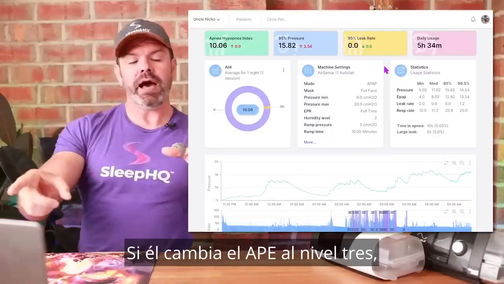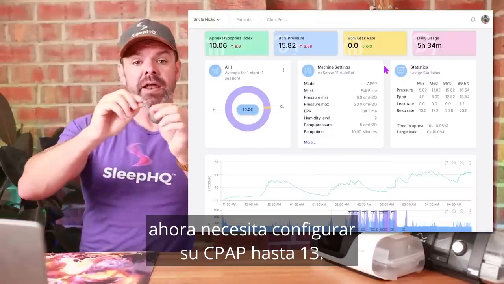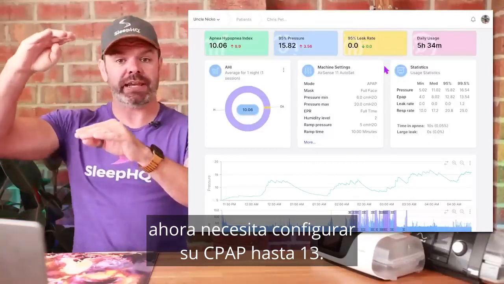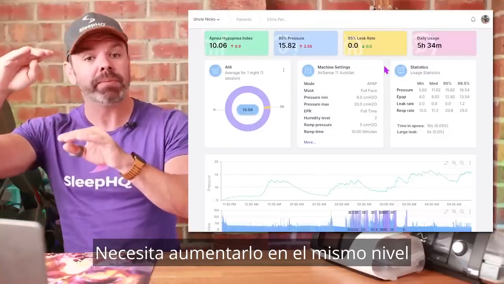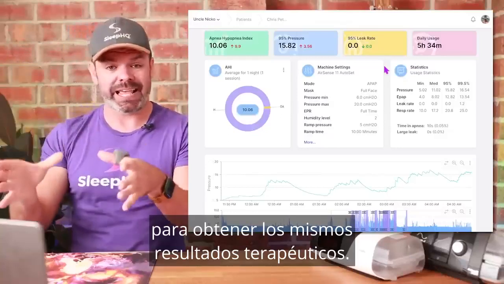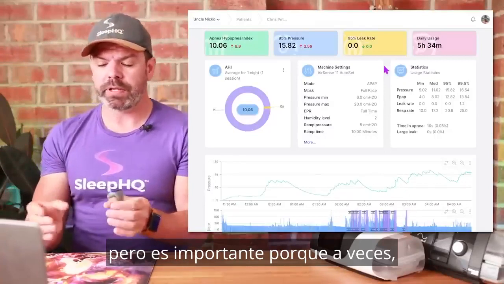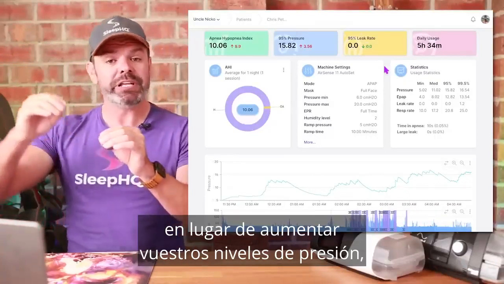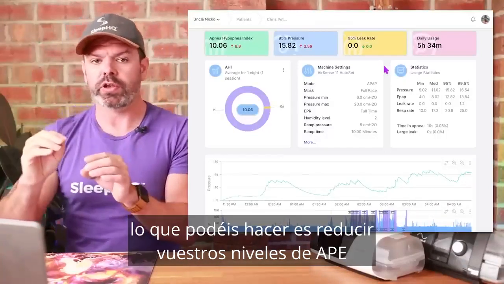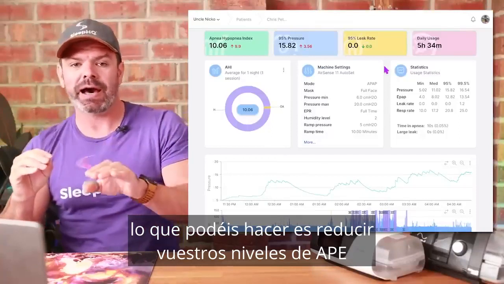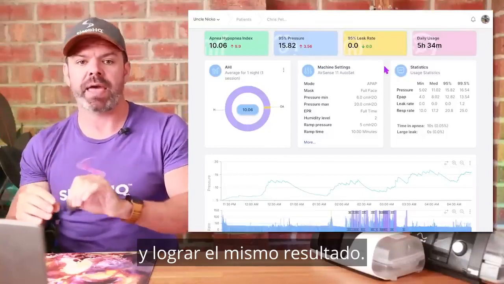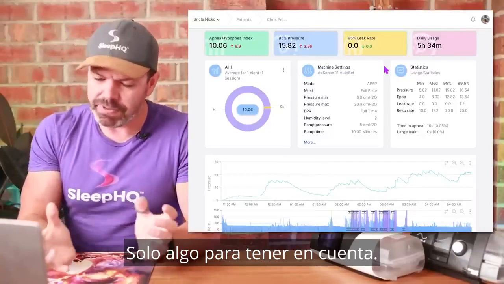If he switches EPR onto level 3, he now needs to set his CPAP up to 13. He needs to increase it by the same level to get the same therapeutic results. It's a little bit confusing, I know, but it's important, because sometimes instead of increasing your pressure levels, what you can do is reduce your EPR levels and achieve the same outcome. Just something to be mindful of.